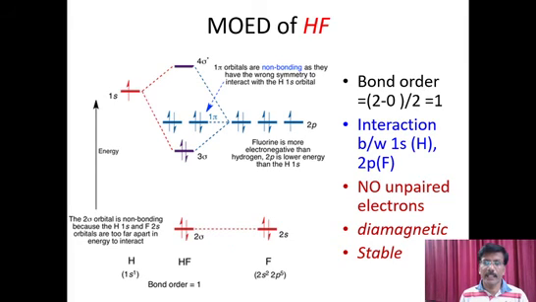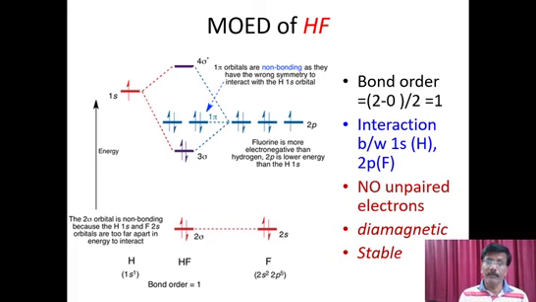So the interaction is between the 1s orbital of hydrogen and the 2p orbital of fluorine. On the right side I have clearly mentioned that this specific interaction is the only one taking place here. In the diagram, the 1s orbital and the 2p orbital of fluorine interact, and we expect only two molecular orbitals: one bonding, another anti-bonding.